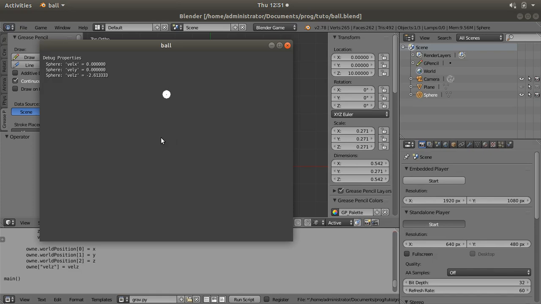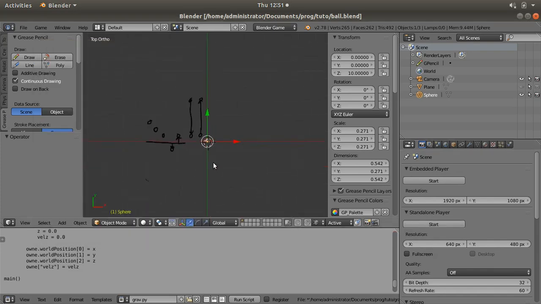Okay. So now I can step through one frame at a time, and you can barely see, or maybe you can see this velocity vector growing as the object falls. I can zoom in on that to show it a little better.